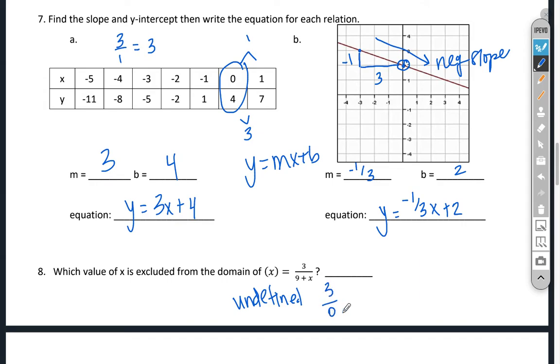So if it's something over 0, it's undefined, which means it won't work. So what we need to do for this is find out what is going to make the bottom of this 0. And all that is the opposite of what's there. So if we have positive 9, the answer to make it 0 would be negative 9.